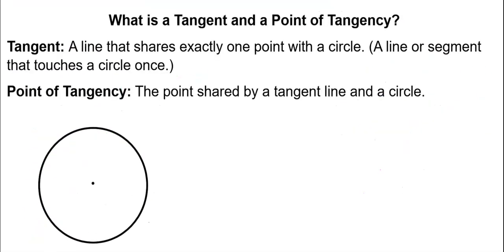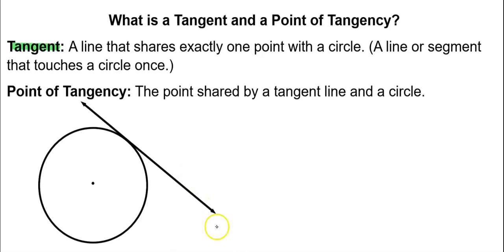We have another line that's outside of a circle called a tangent line. A tangent is a line or a segment or a ray that shares exactly one point with a circle. It touches a circle exactly once. So this would be a tangent line.